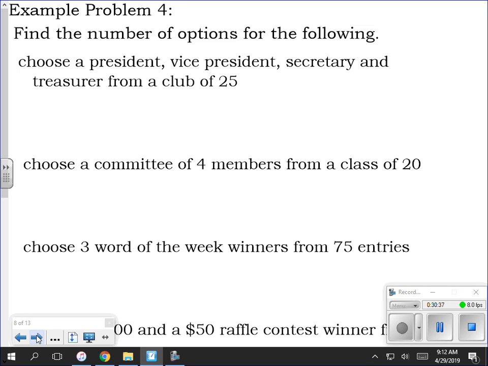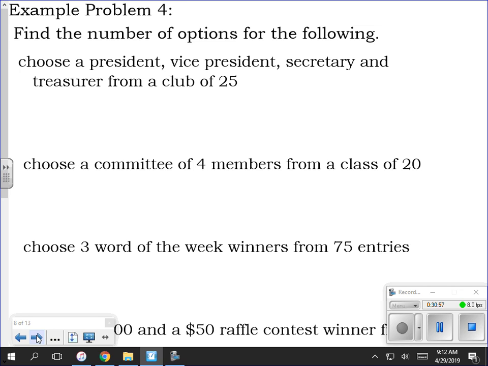So whoever gets chosen first, the lucky president, it does matter. Order matters. Who I pick second, vice president, their duties are different.